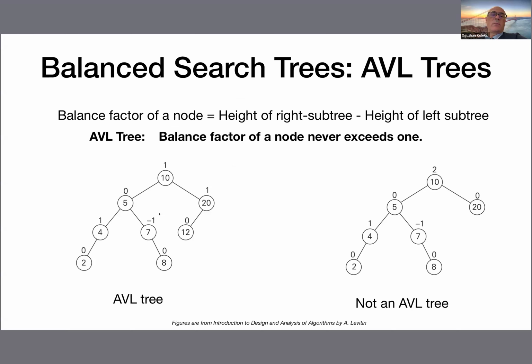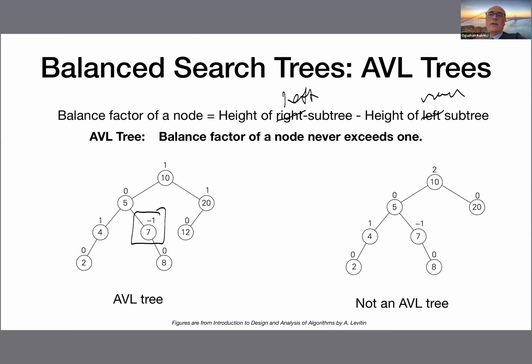You see, this is minus 1, this is minus 1, because, sorry, I think this should be the left subtree minus the right subtree. So left subtree minus right subtree. That is the story.